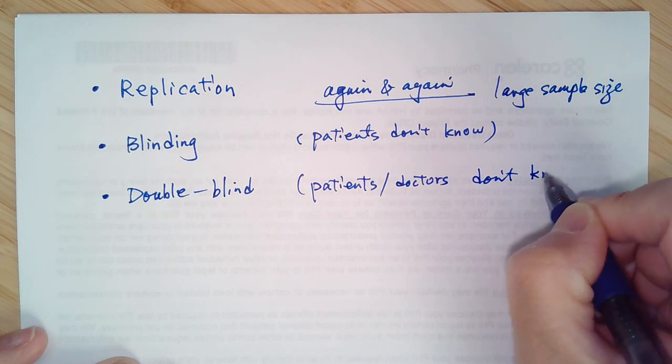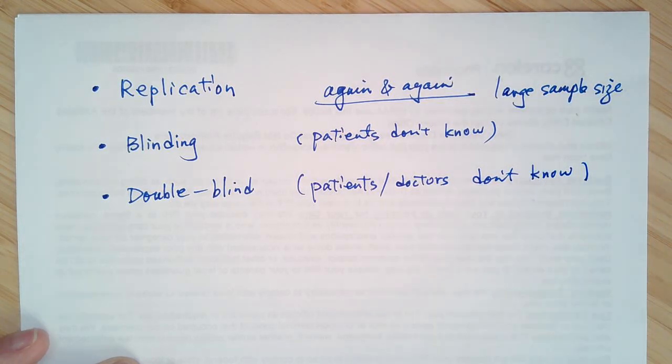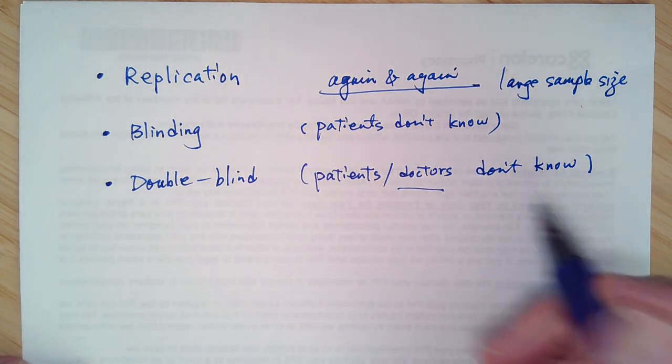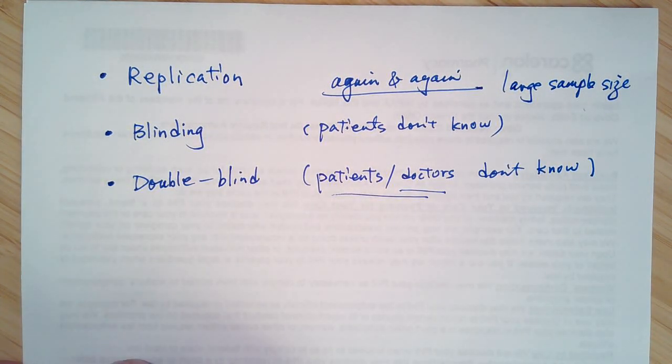Who knows? The researcher. So if you want to avoid the doctor giving some hint to the patient, then the administering person doesn't know, but only the people who design the experiment know, and at the end they have a serial number to label the bottles of the medicines, only those people know. So that's the double blind.